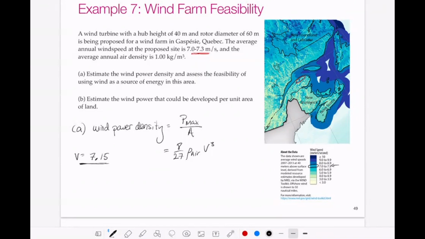And that's what we'll use for our wind power density equation. So 8 divided by 27 times 1 kilogram per meter cubed times our velocity, 7.15 meters per second, cubed.